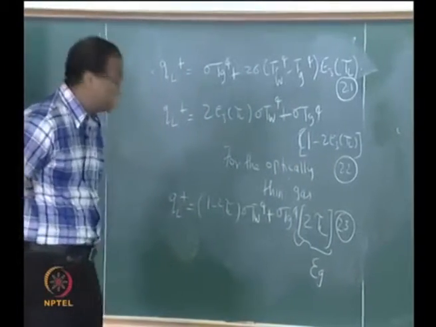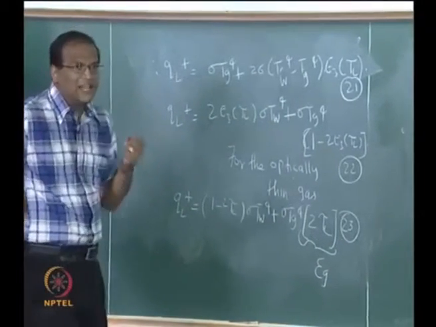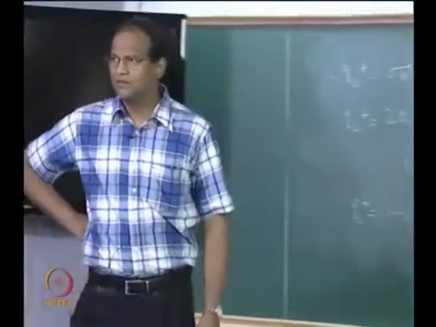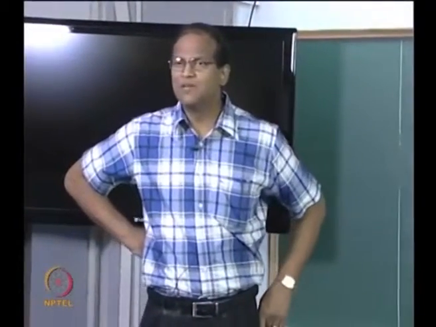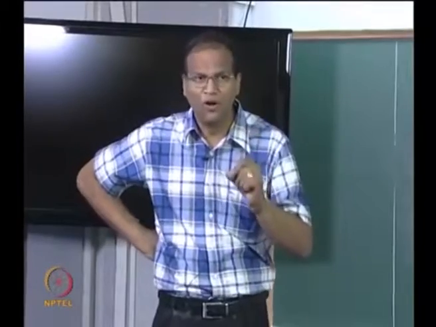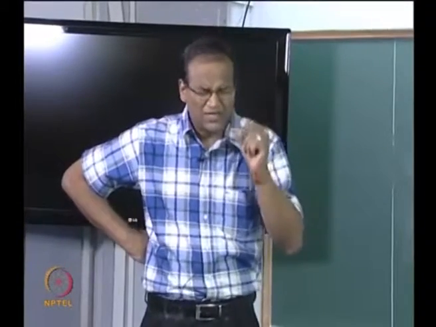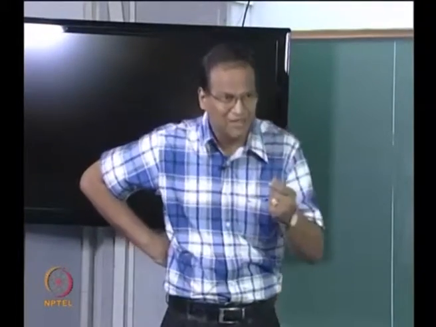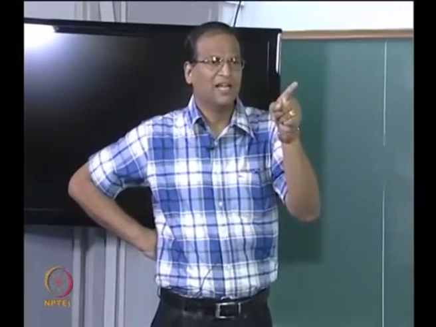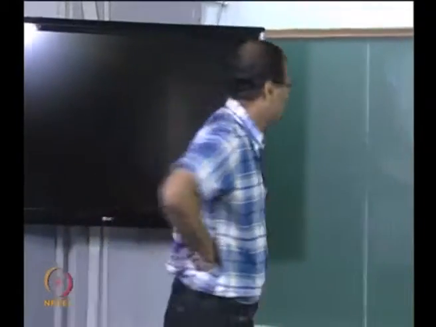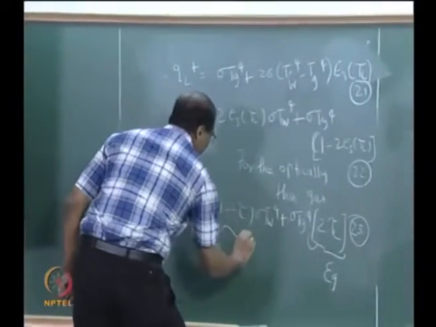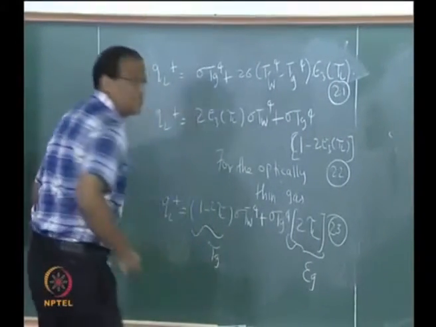If we say this two tau L is an equivalent gas emissivity, then the second term is epsilon g sigma Tg to the power of 4. This is the radiation emitted by the gas arriving at the elemental area at x equal to L. The first can be treated as the transmissivity of the gas.